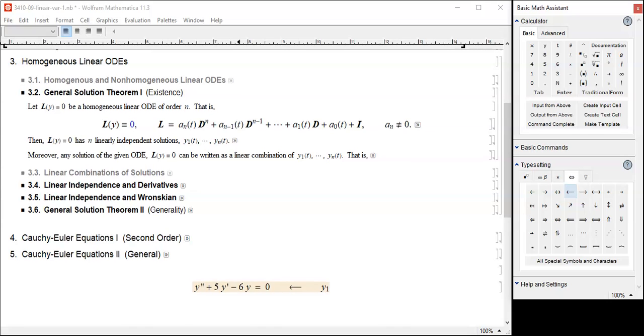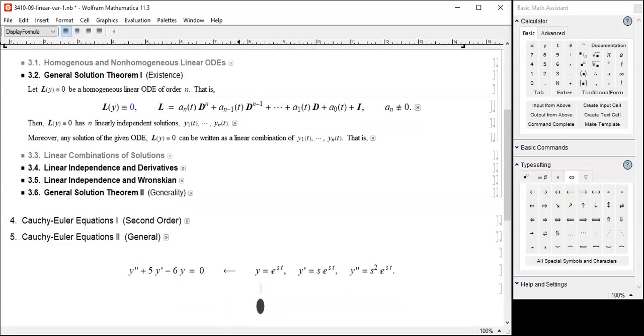So we put y as e to the st, like this. And then y prime is s times e to the st. Y double prime is s squared times e to the st, right? If you use the chain rule and put everything in there, then what do you get?